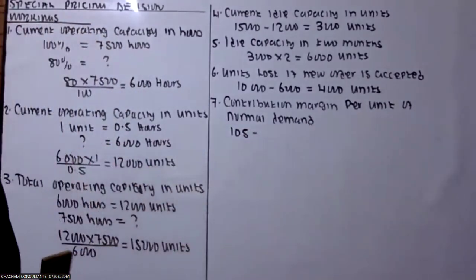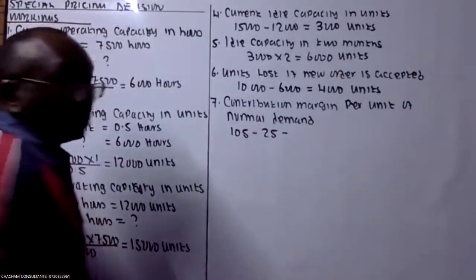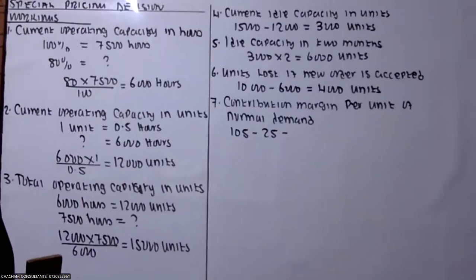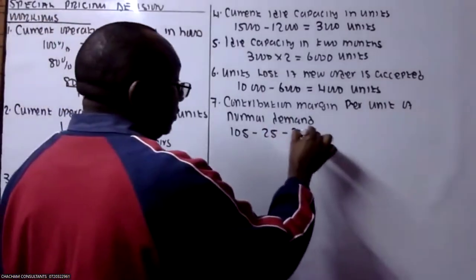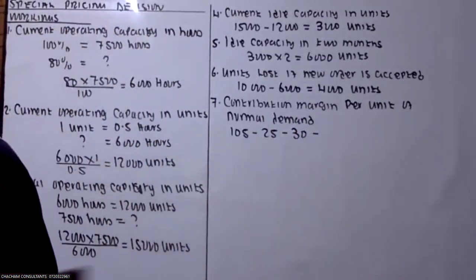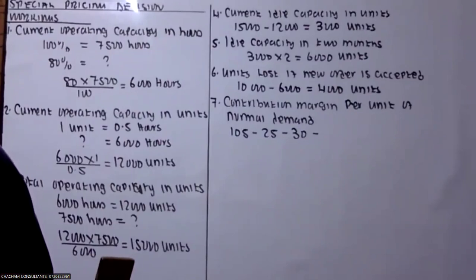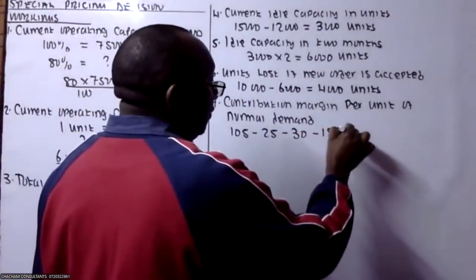You minus the materials, which are variable costs, minus labor, which is 30, minus variable overheads, which is 15 per labor hour, so 15 times 0.5.